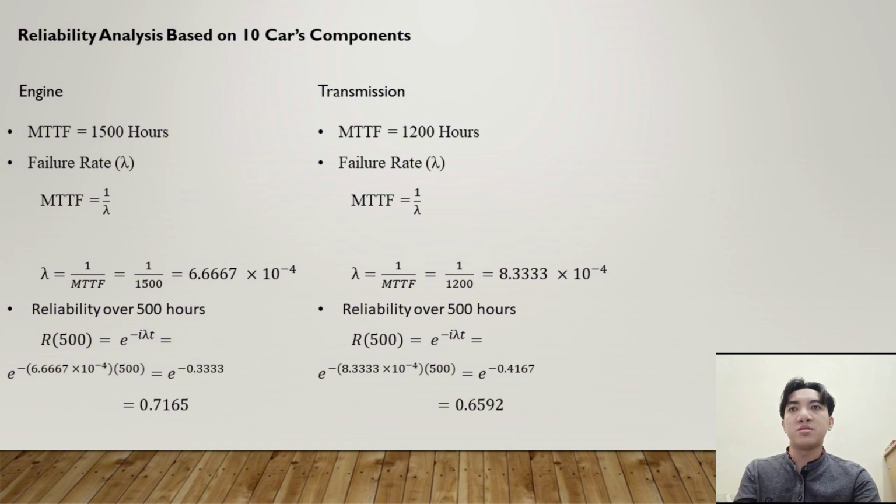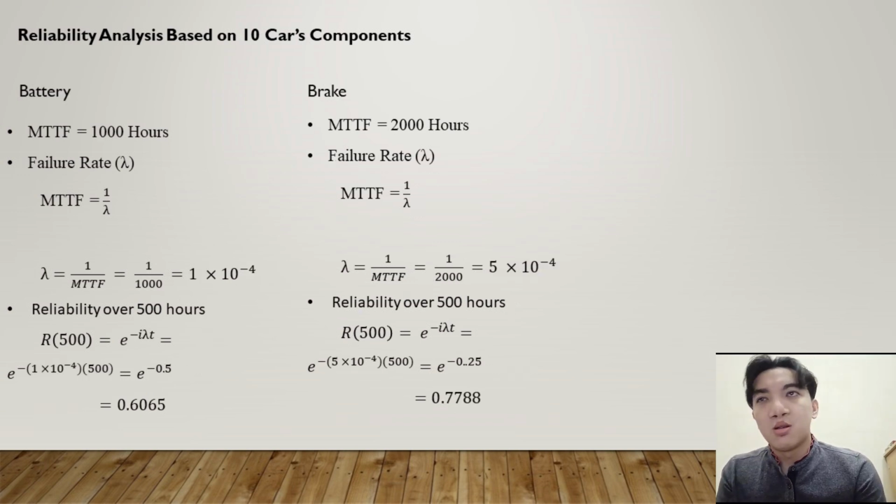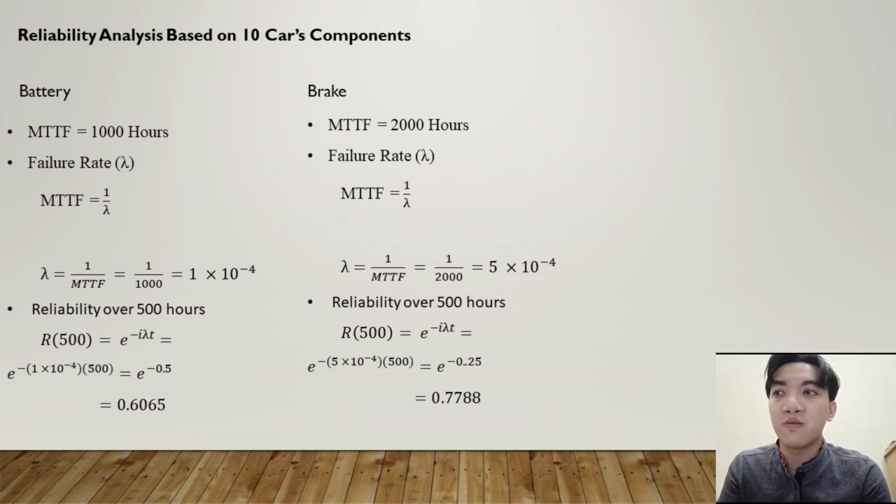So this is the calculation for engine and transmission. For the reliability over 500 hours, for engine we got 0.7, while for transmission we get 0.6. For battery we get 0.6. For brake we get 0.7.